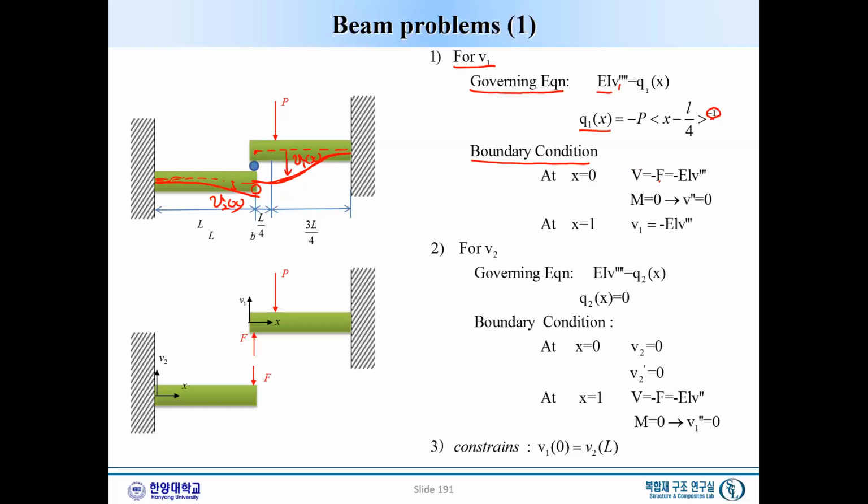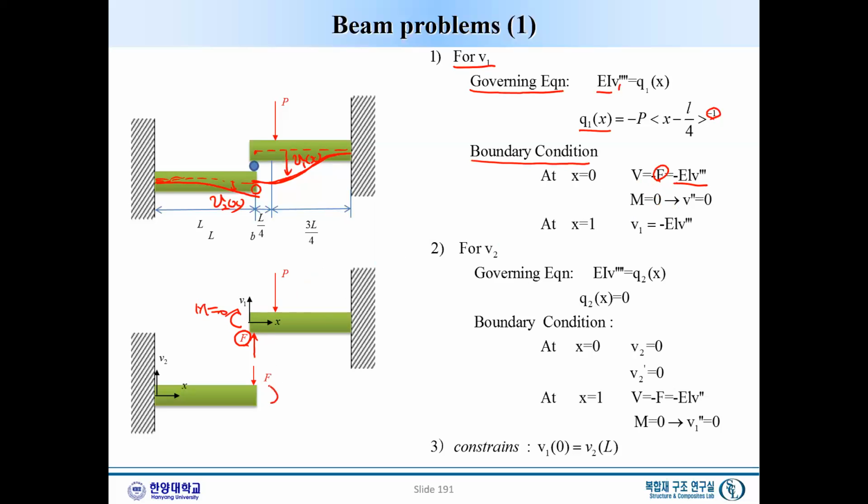And here, F is actually something we don't know yet, so we just consider F in the boundary condition. We just pretend to know this F, and this is the definition of the shear force. And moment equals 0. Again, there is no moment there, so moment equals 0.